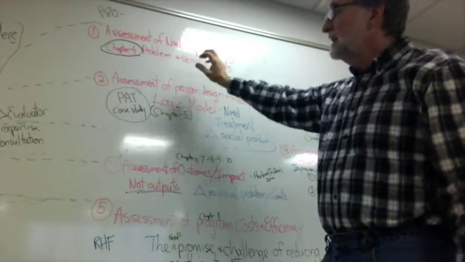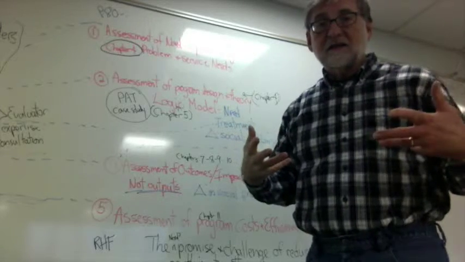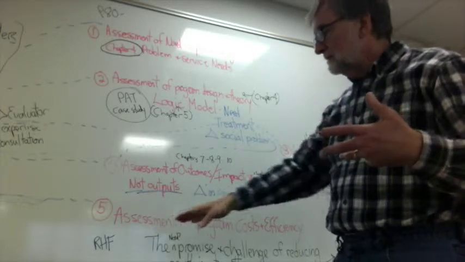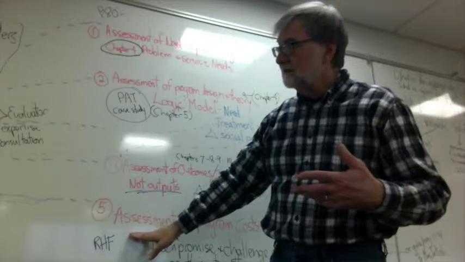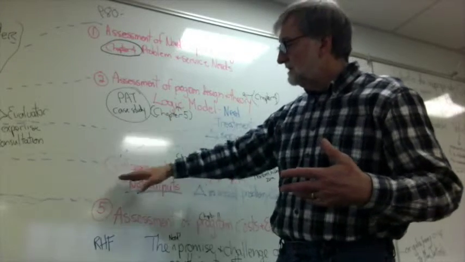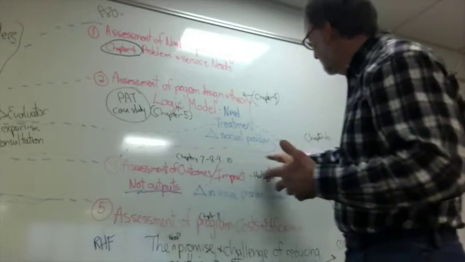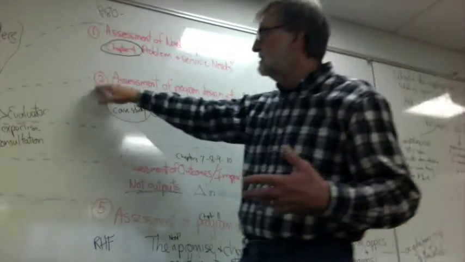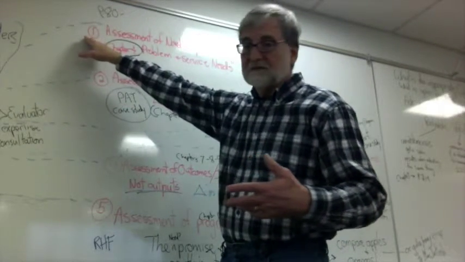And he basically goes through the logic that you can't really do a stage 5 analysis unless you've done a stage 4, and you can't do a stage 4 unless you've done a stage 3, and you can't do a stage 3 unless you've done 2, you can't do 2 unless you've done 1.